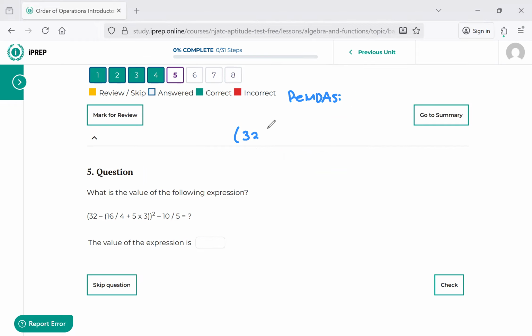So it's going to be 32 minus 16 over 4 plus 5 times 3, parentheses square, minus 10 over 5. Okay, so it's going to be 32 minus 16 divided by 4 is 4 plus, oh, okay, hold on.